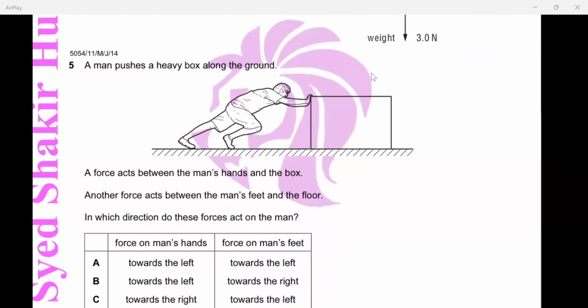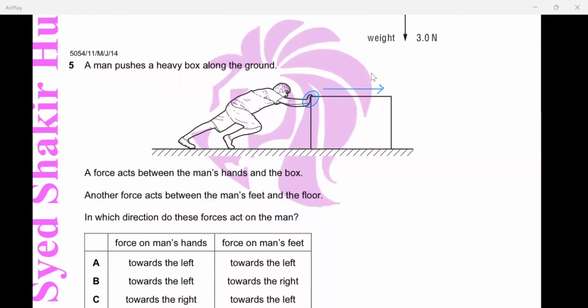All right. A man pushes a heavy box along the ground. A force acts between the man's hands and the box. Another force acts between the man's feet and the floor. Which direction do these forces act on the man? On the man. यहाँ पर this man is applying a force on the box, right? So this is the direction of the force that the man applies on the box.